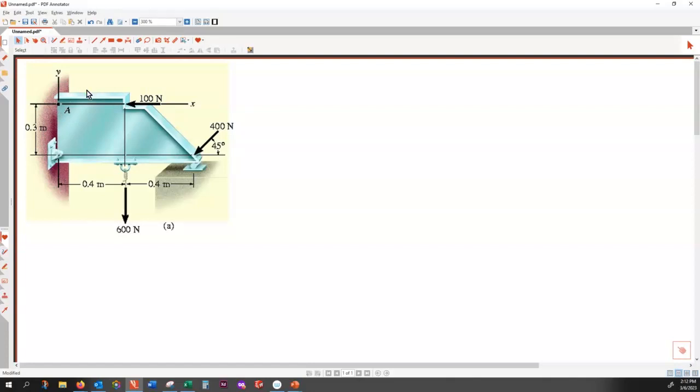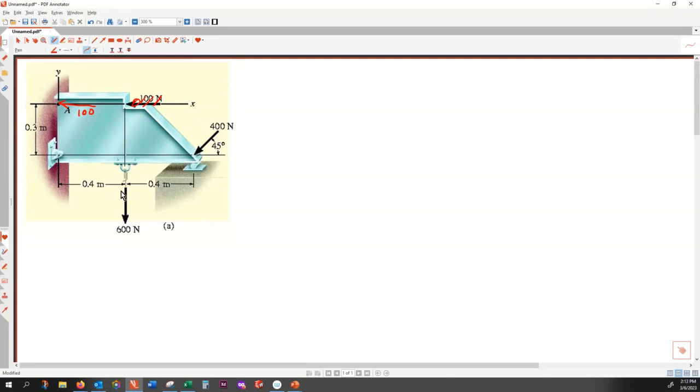Should I have to pay a penalty? Yes, you could, because the 100 line of action is here. It is free to move along the line of action. So that can be easily brought here, 100. So in one step, I got rid of this one.